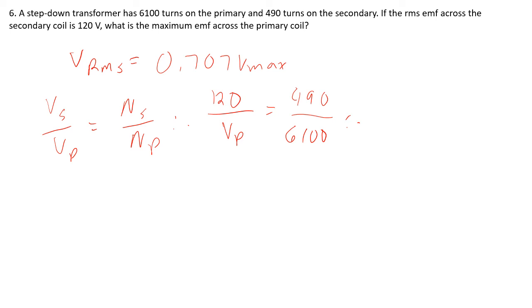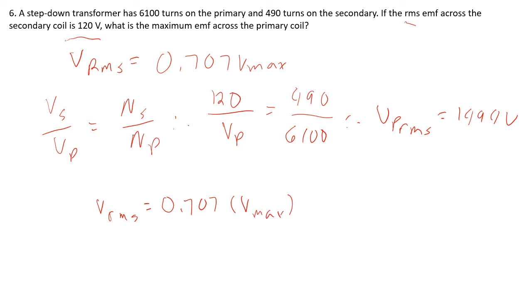So when we do that, we get the voltage on the primary, and this is root mean squared, since it gave us the root mean squared voltage there. So it's going to be V RMS. That's equal to 1494 volts. So now we say V RMS equals 0.707 times Vmax.